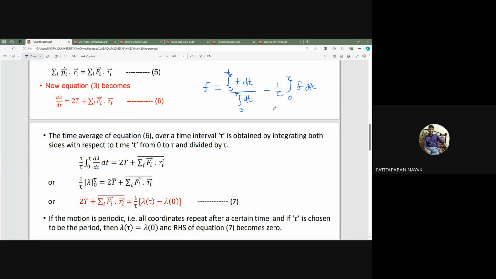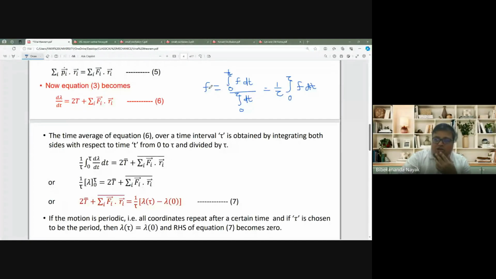So tell me, what is the time average of sine theta between the limit 0 to pi? A variable is theta in place of t. So what do you write?